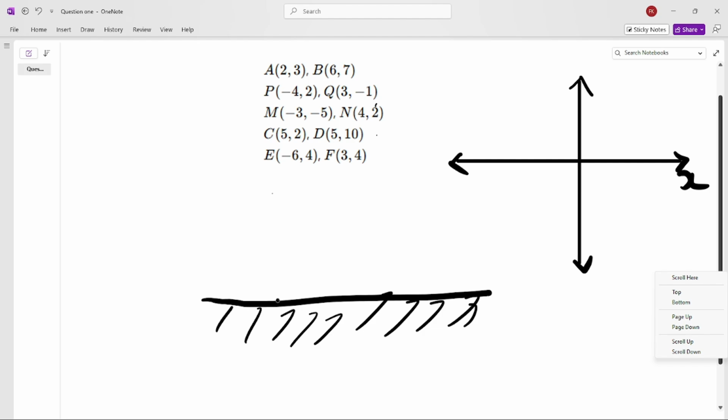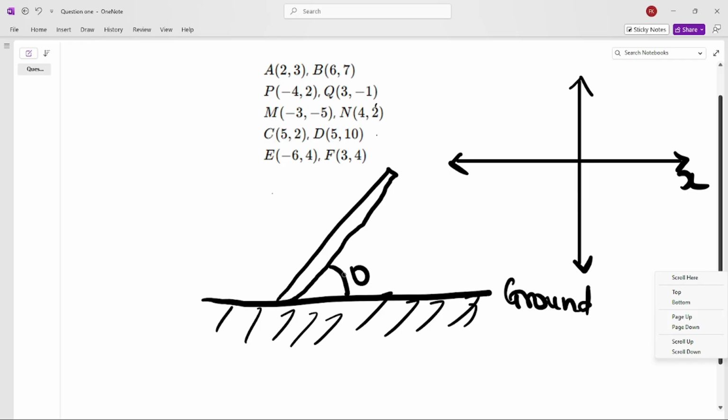If you pick it up, this is the ground level, and because you have picked it up, it has an angle theta, deviated from the actual ground. So we are trying to measure how far away or how tilted it is, or how slopey it is from the ground. Are we okay?